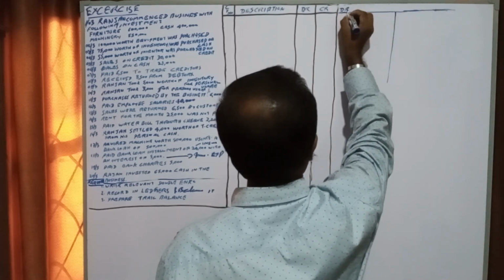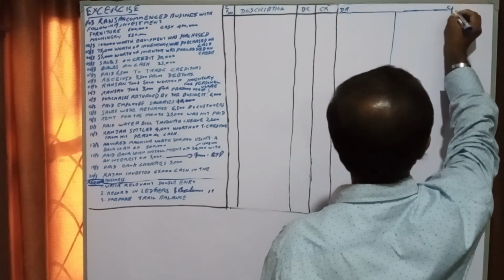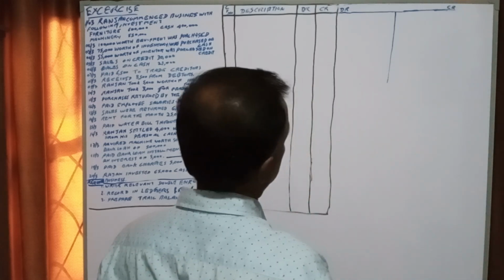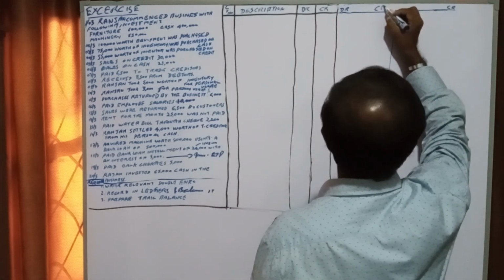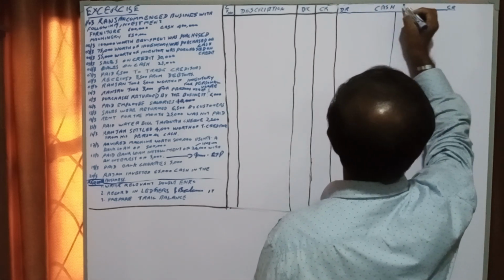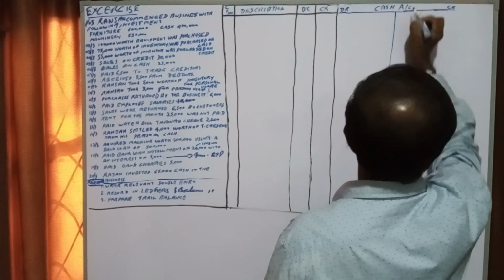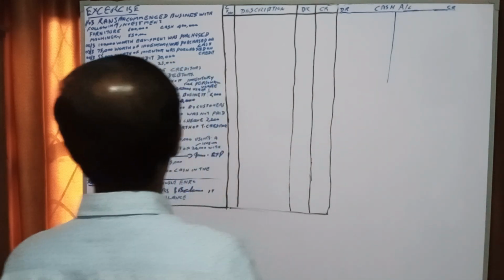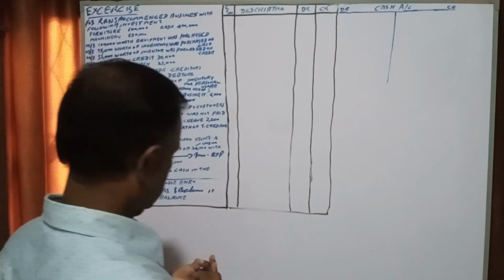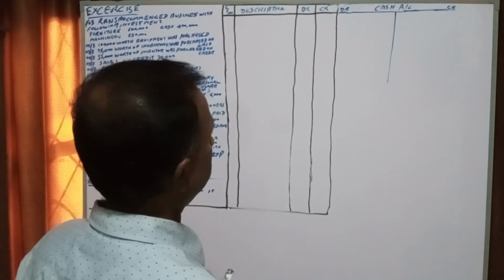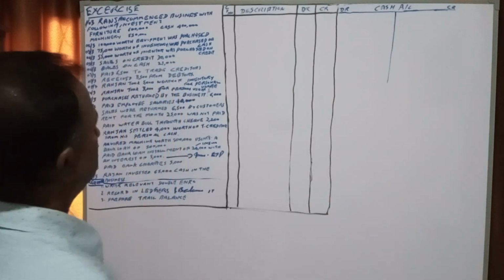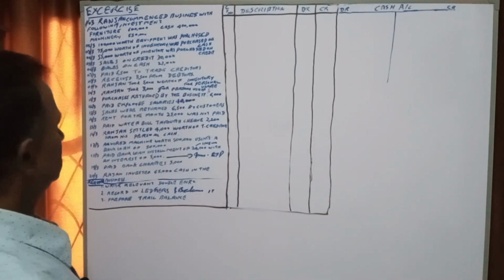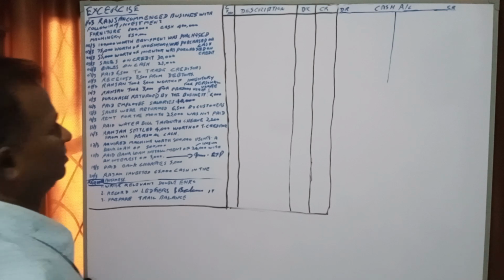Debit and credit. Okay, this is the cash account. Let's see how we can manage the space. Managing the space is a bit of a tough task.